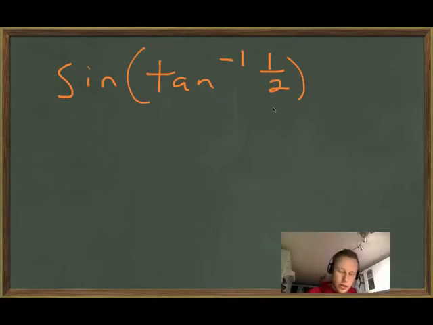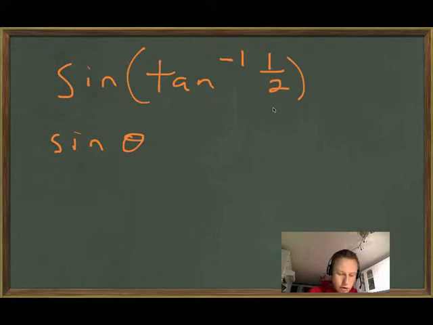What we're going to do with this is come up with a triangle and eventually figure out from that triangle what sine is. So essentially we're going to find sine of theta.